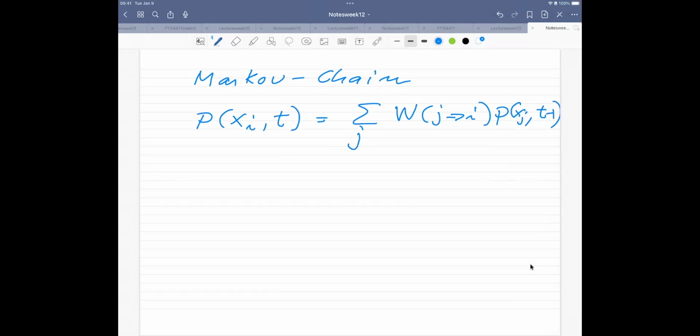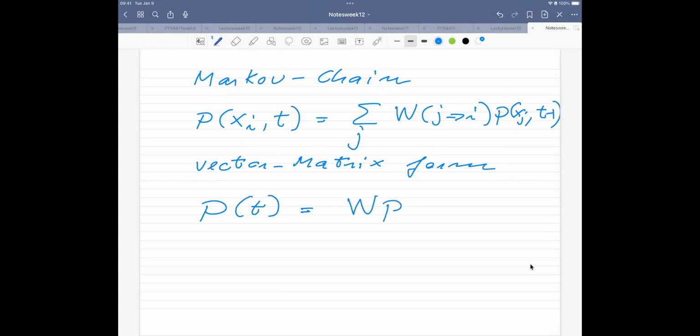Because when equilibrium has been reached, you can also rewrite this in a vector-matrix form. Then a vector P at a time t is given by a matrix multiplied by a vector at the time t minus 1.